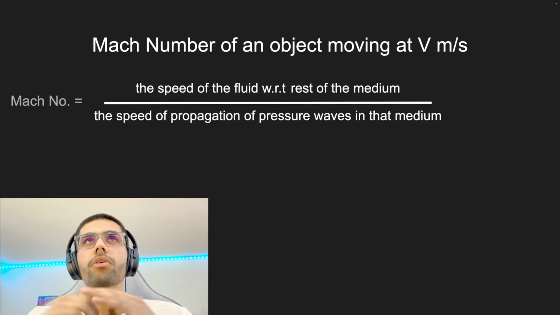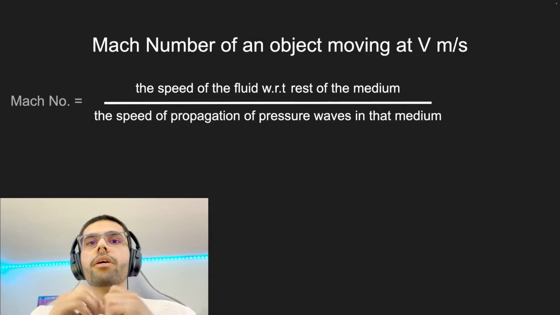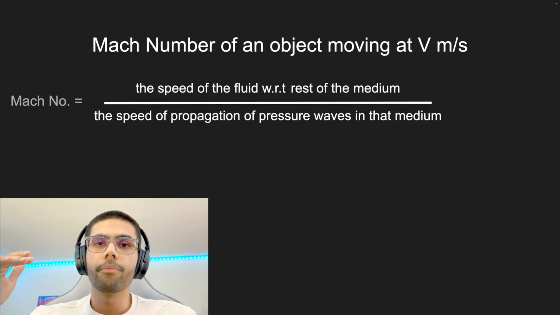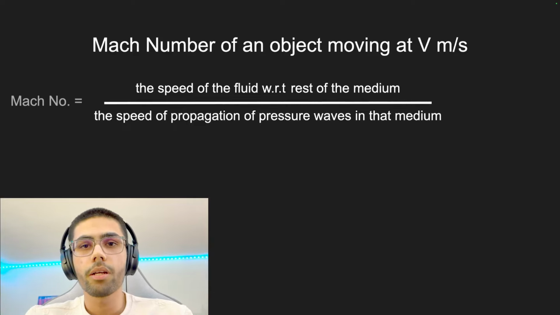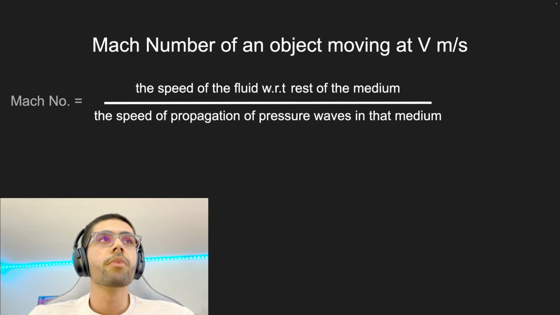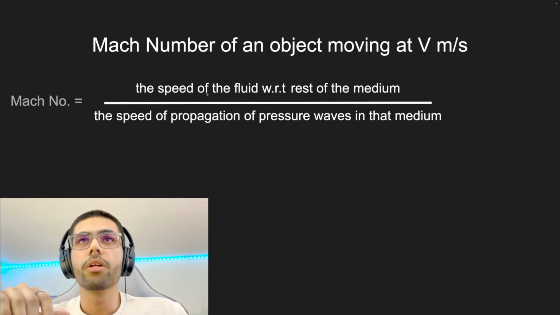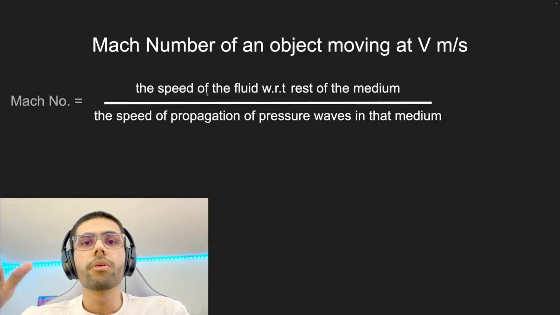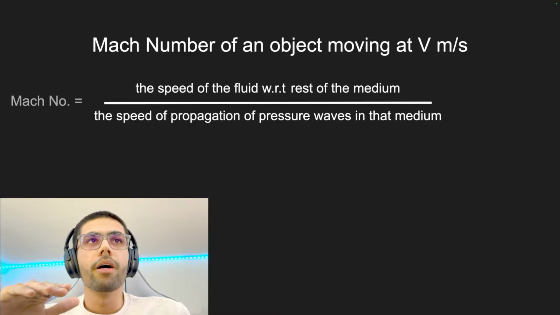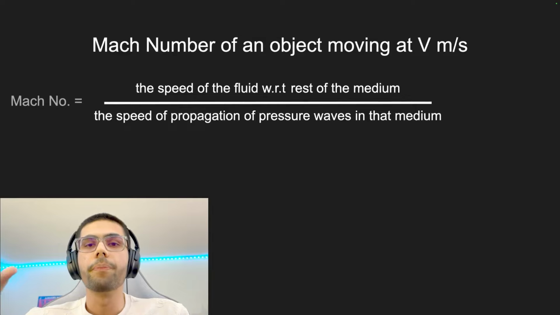It's kind of confusing if you look at it, but the air also moves by being disturbed by that object. So we describe a Mach number for the object as well as for the air. The Mach number for air molecules is described like this: the speed of the fluid with respect to the rest of the medium divided by the speed of propagation of pressure waves in that medium.